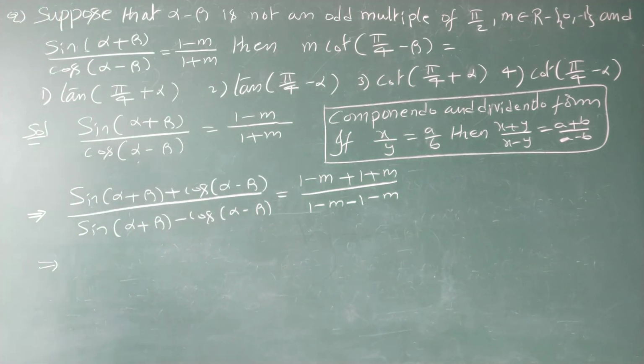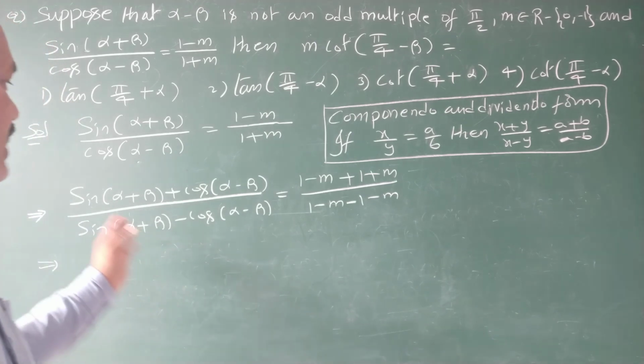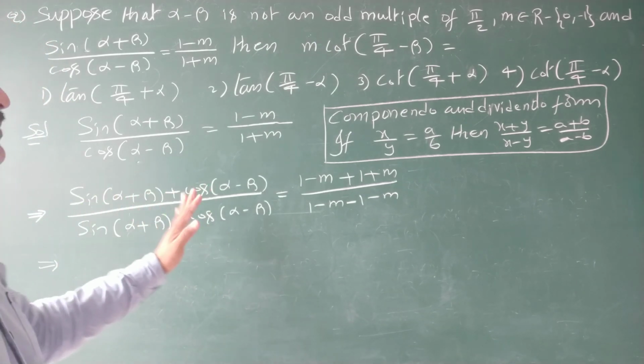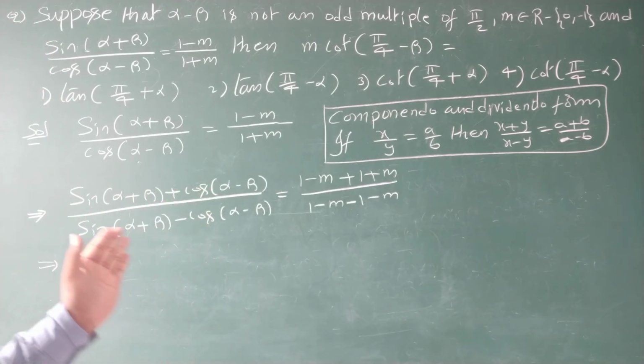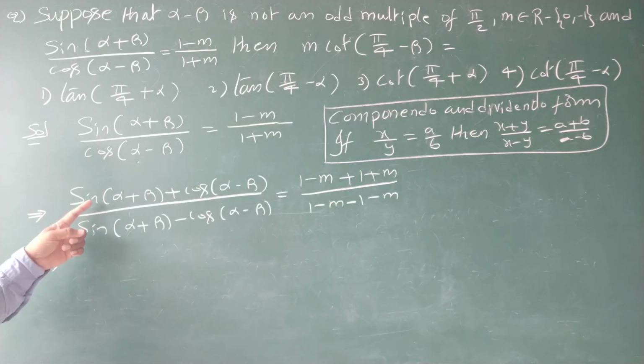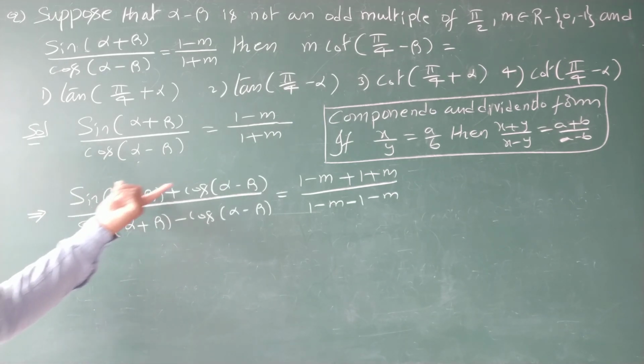Actually, we know the formulas from transformations: sin C plus sin D or sin C minus sin D, cos C plus cos D or cos C minus cos D. But here one function is sin and one function is cos.